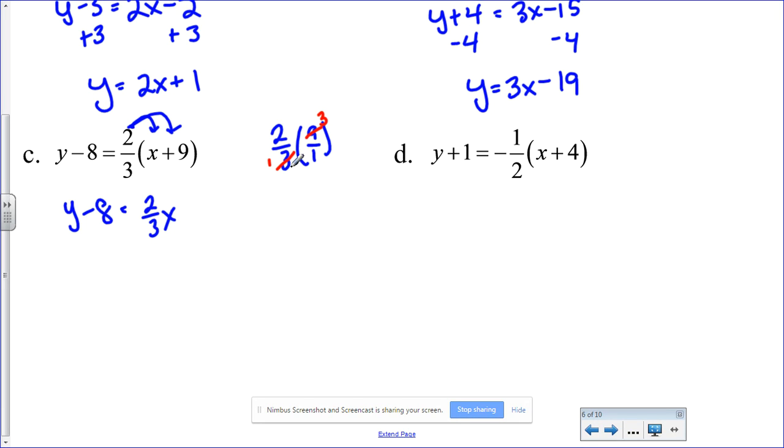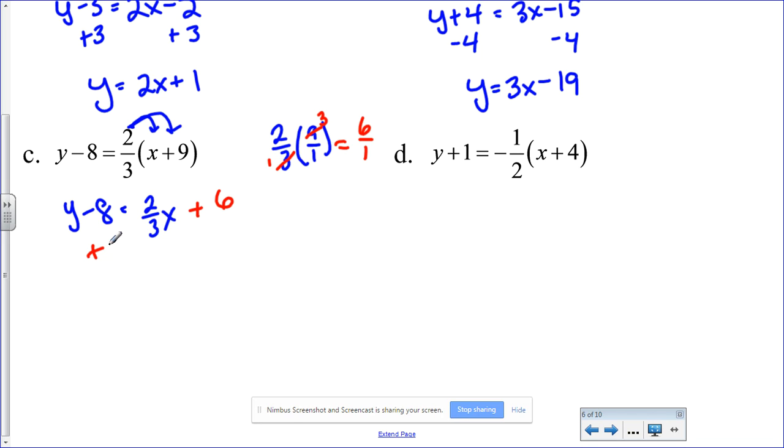So by simplifying those ahead of time, I have some smaller numbers to deal with. So now I have 2 times 3, which gives me 6. And then on the bottom, 1 times 1 gives me 1 on the bottom. Don't really need to put the 1 there, but I could. Okay, so working our way across. 2 times 3 is 6. 1 times 1 is 1. So if I simplify that, I get my 6.